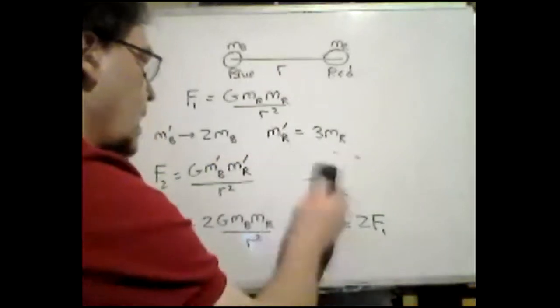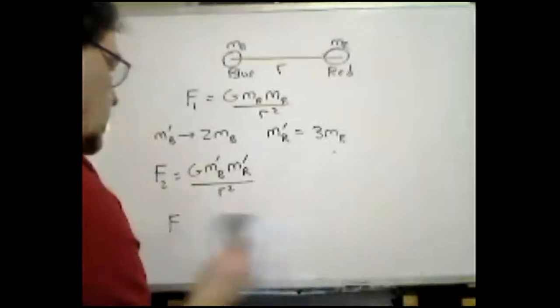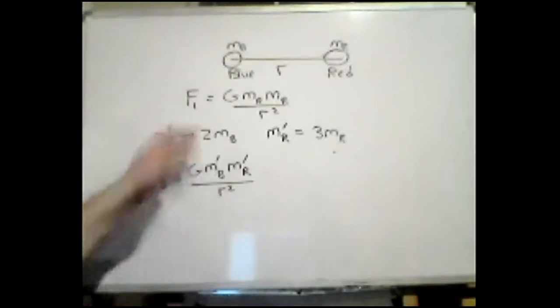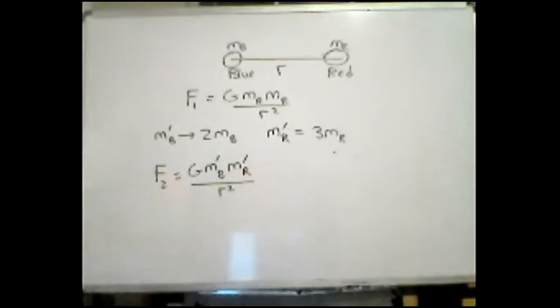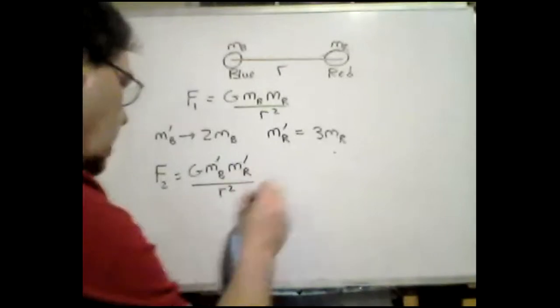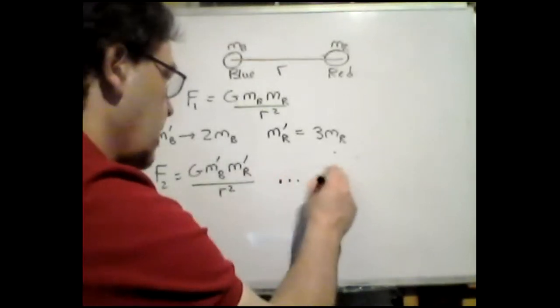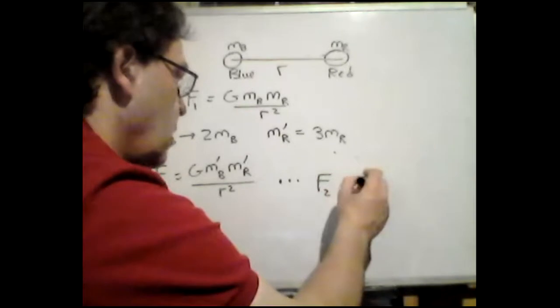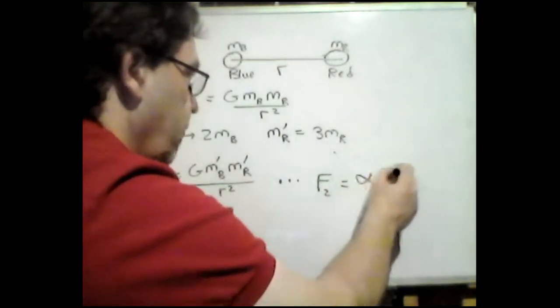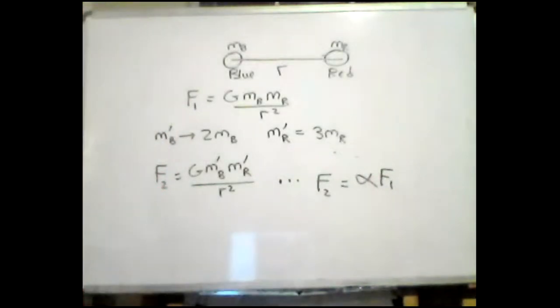And what now is going to be a relationship between F1 and F2? You'll go through the same logic, and at the very end you're going to tell me that F2 equals something, I'll call it alpha, F1.